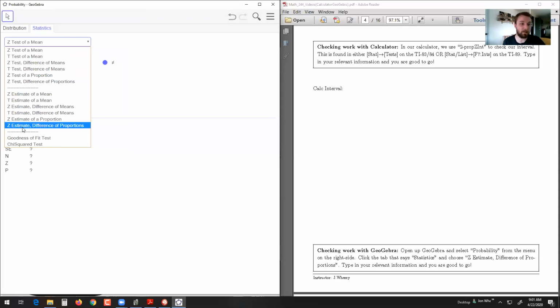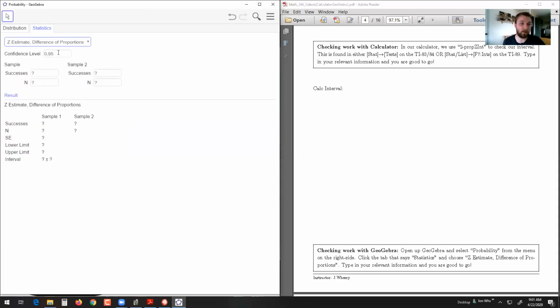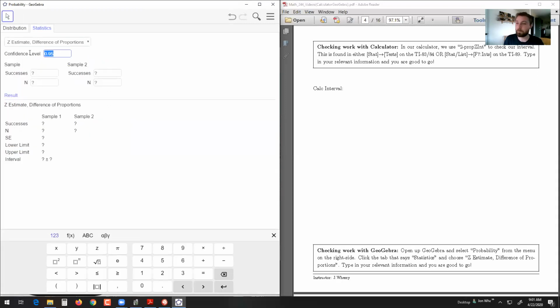So I'm doing an interval for a difference of 2 groups. I'm choosing this last option. If you do it correctly, you should see all of the fields for you to type in. I'm typing in my number of successes. So this is important as well. I have to make sure that I'm working with whole numbers here. So if it gives me decimals, I have to convert those things to whole numbers.